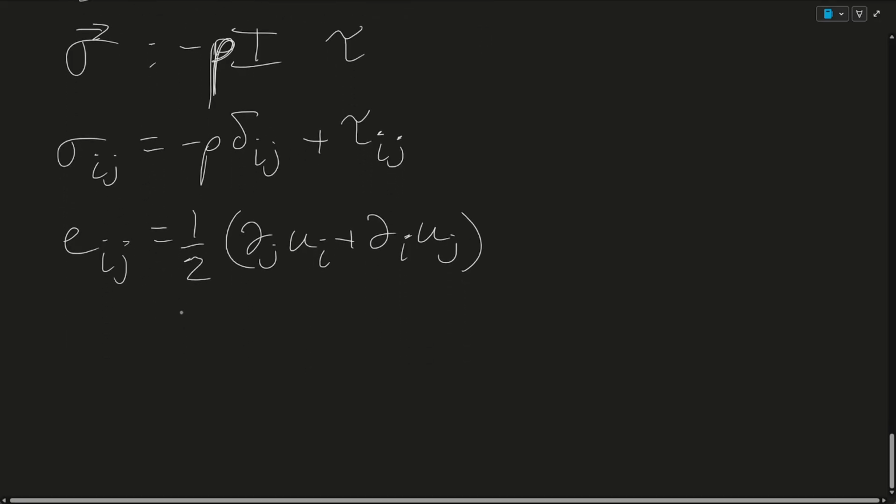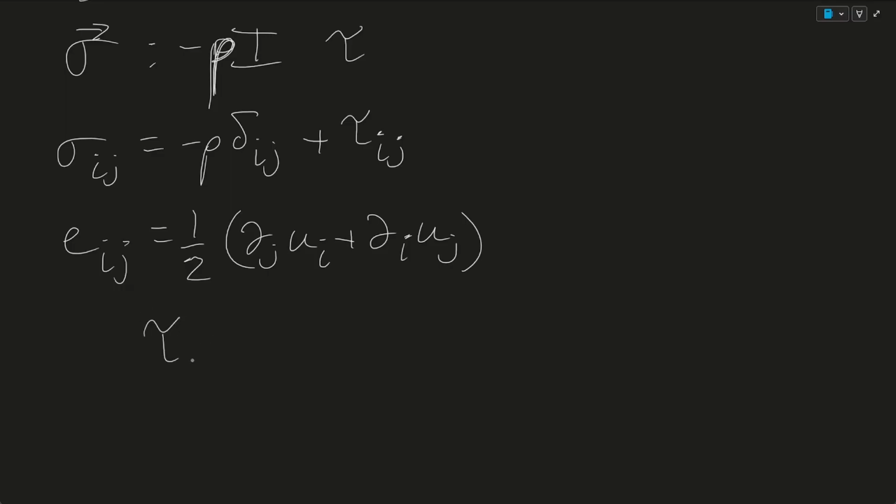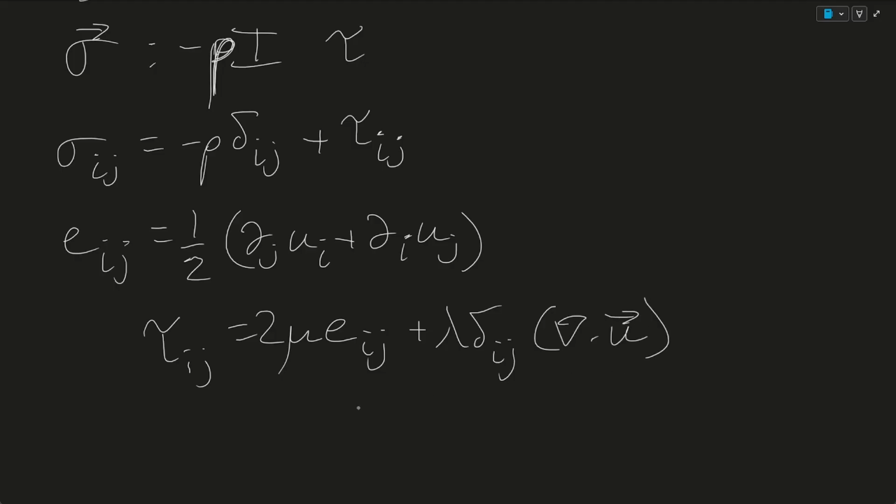And if we take the most general isotropic rank 4 tensor relationship, we get here that tau ij equals mu e ij plus lambda delta ij times the divergence of our field.